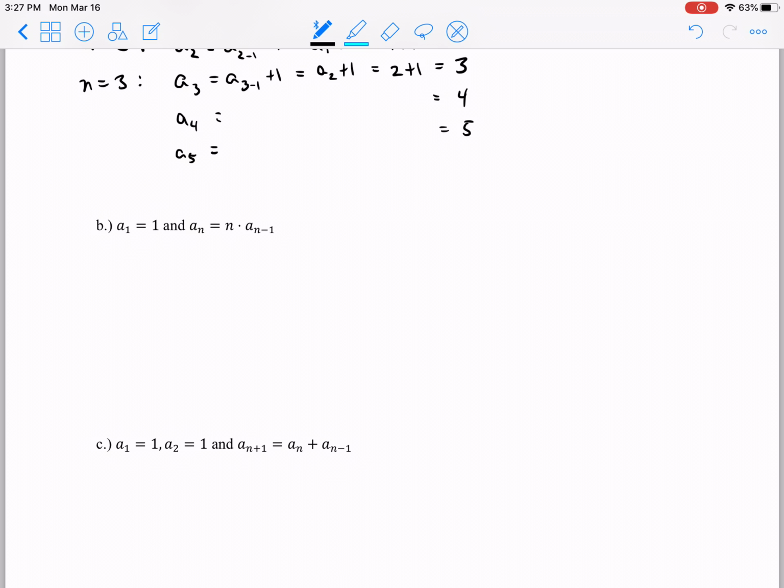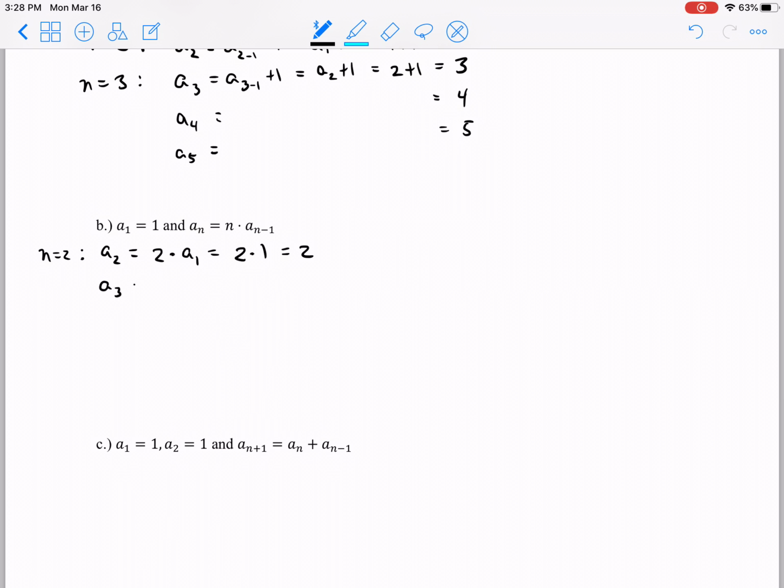This is going to give us a1 equals 1, and then a(n) equals n times a(n minus 1). So a2, for n equals 2, is going to equal 2 times a1, the previous one. Well, a1 was just 1, so this is 2 times 1, which is 2.